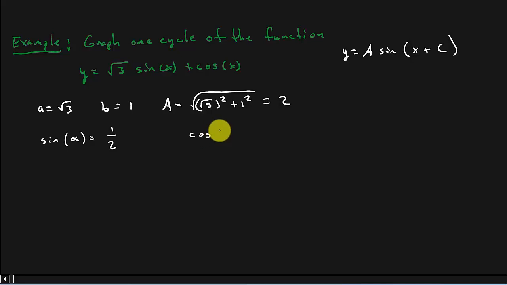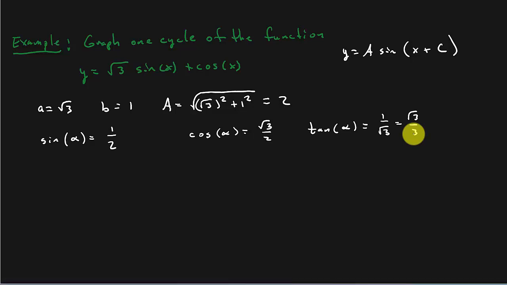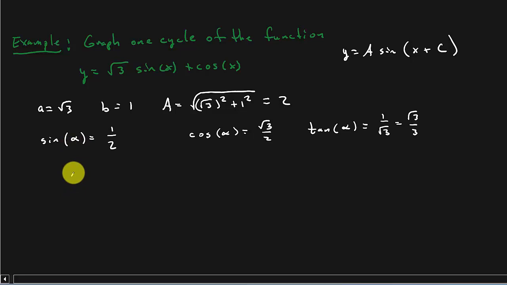Or you could use cosine alpha equals x over r, or tangent alpha equals y over x, 1 over square root of 3, which is square root of 3 over 3. Either one is going to give you the correct answer. Just pick one. If we do this one, this gives us alpha is equal to pi over 6, because the sine of 30 degrees is 1/2. So alpha would be pi over 6.